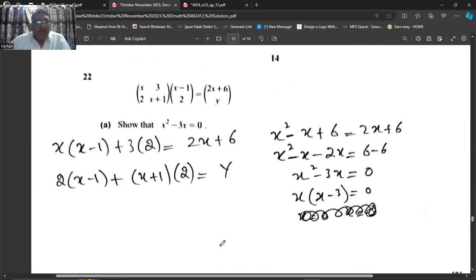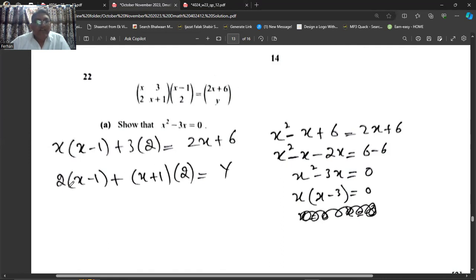So here, x will multiply with x minus 1. So you will have x into x minus 1 plus 3 into 2. From here I've taken the row, from here I've taken the column. I multiply, and that will be equal to this.